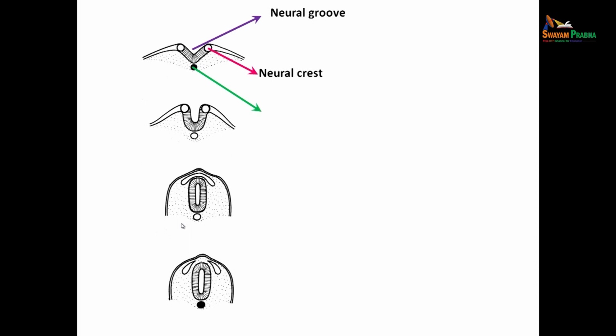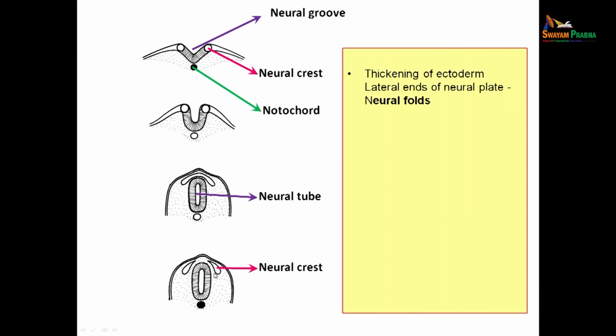As the neural tube is formed, the lateral folds will be separated from the ectoderm, but will not be incorporated into the neural tube, and later they will be separated and will be lying as two different swellings on either side of the neural tube. So this is the notochord, you can see the formation of the neural tube, and on either side of the neural tube you can see the formation of the neural crest.